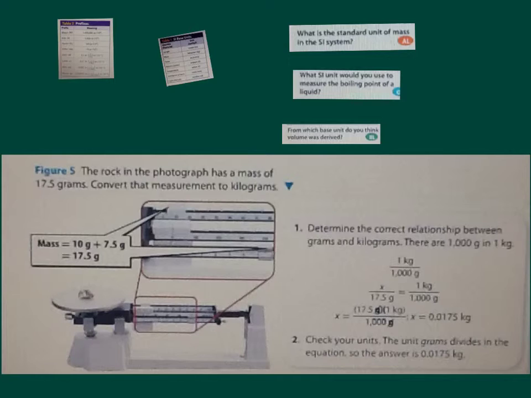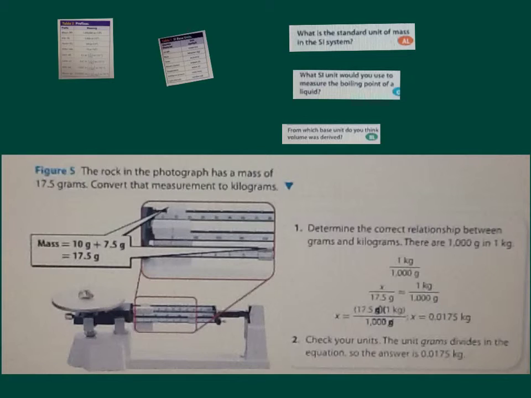So we know that the mass is 17.5 grams. We're going to follow the instructions here. Looking at number 1, determine the correct relationship between grams and kilograms. So we know there are 1,000 grams in 1 kilogram. Right here, 1,000 grams in 1 kilogram.